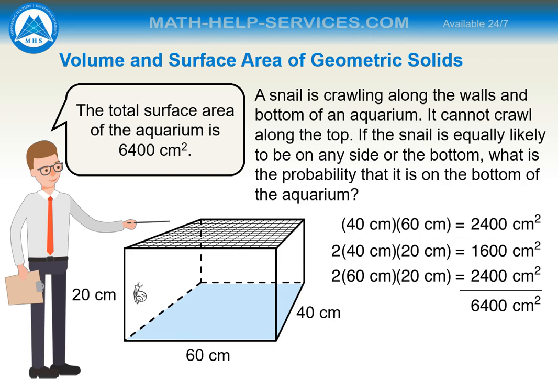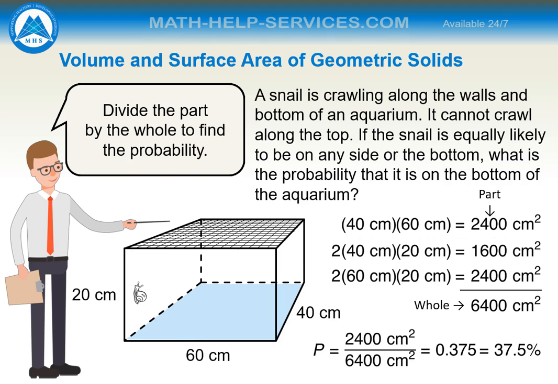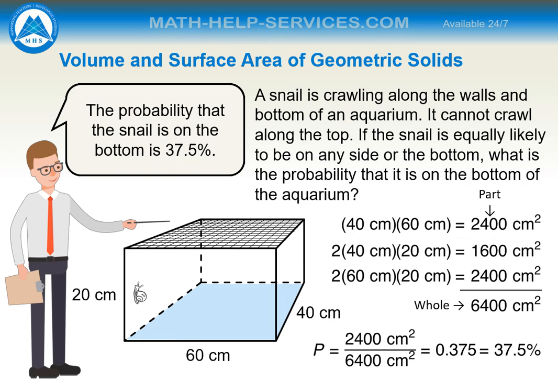Therefore, the total surface area of the aquarium is 6,400 square centimeters. Now divide the part by the whole to find the probability. Notice the part that we want. Dividing, we see that this is 37.5%. So the probability that the snail is on the bottom is 37.5%.